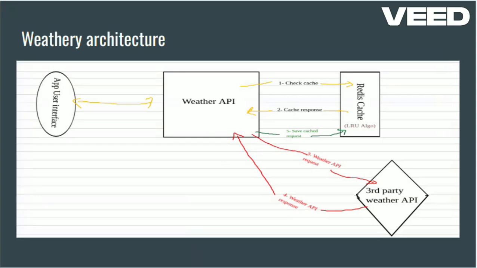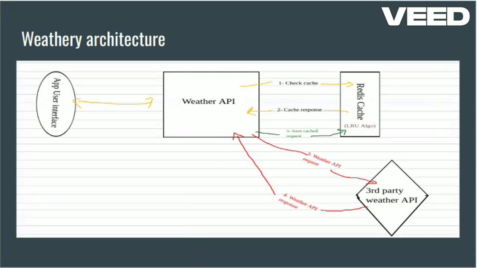Okay, so the architecture is pretty easy. We've got a user interface, which is going to be our front end. In our case, that's the thing that will show us the temperature, the search bar to navigate, and whatnot.